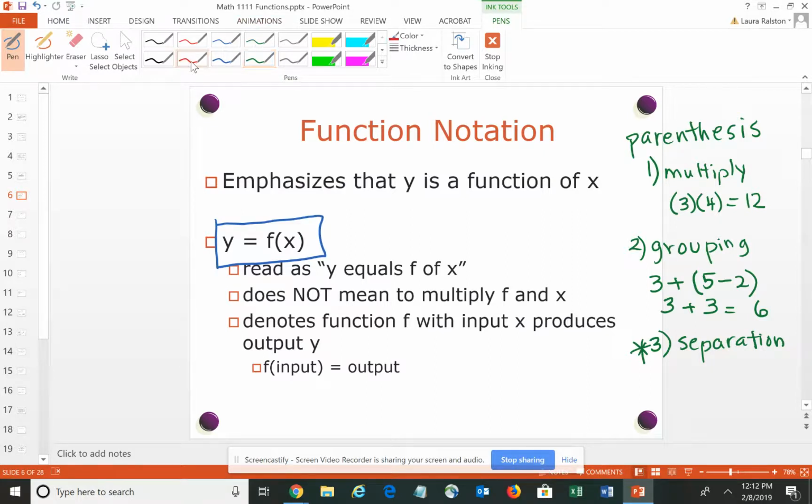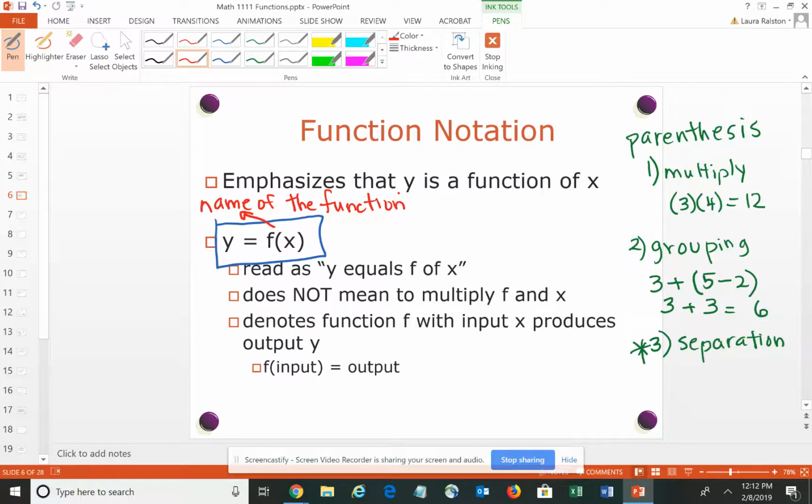Now, what do the X and the F represent? The F here is actually just the name of the function. We typically do use the letter F because function starts with an F, but it doesn't have to be an F. If you were representing, say, profit for a business, you might use the letter P for profit.